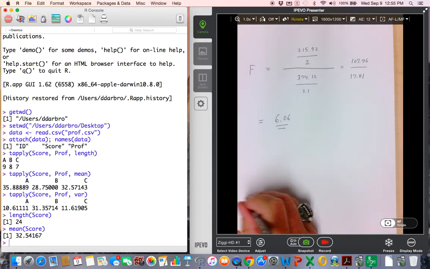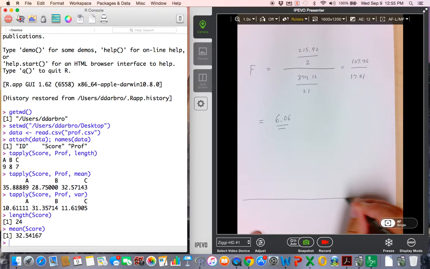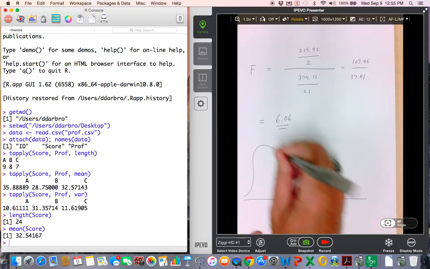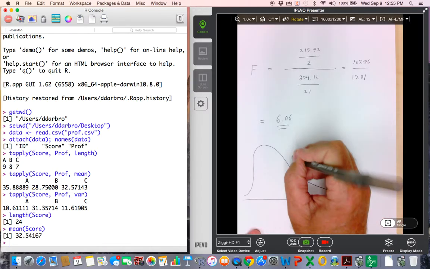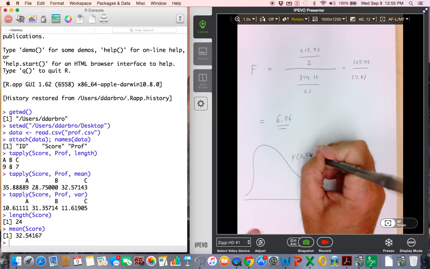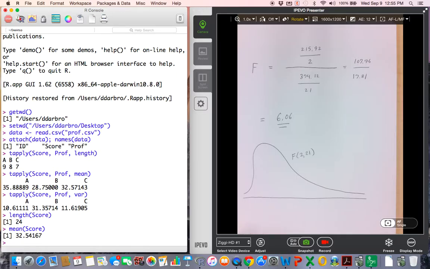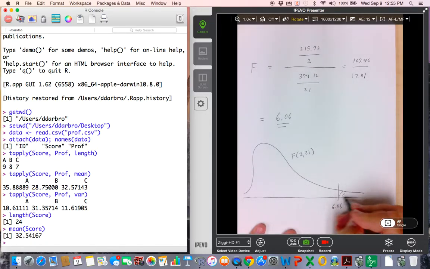All right, so again, to calculate the p-value, we are drawing from the F distribution with degrees of freedom 2, 21. We are interested in the area to the right of 6.06. So we can do that.